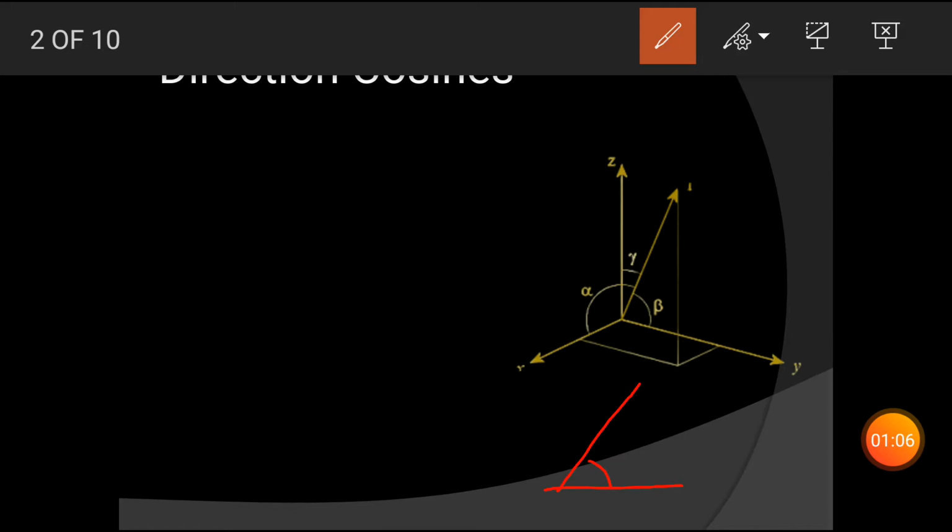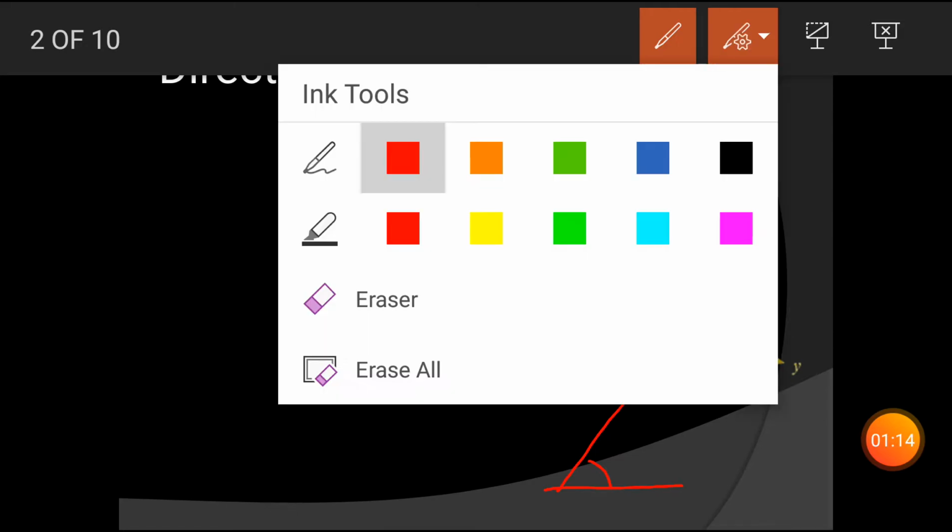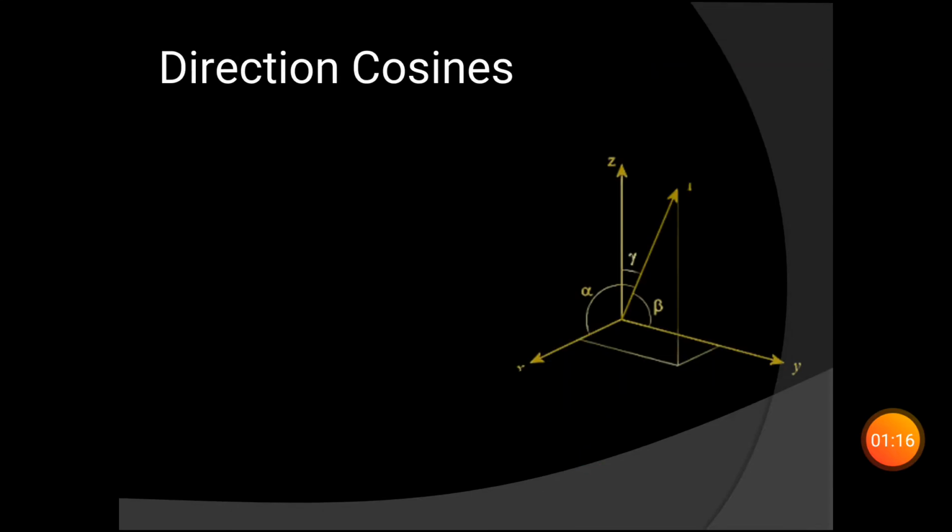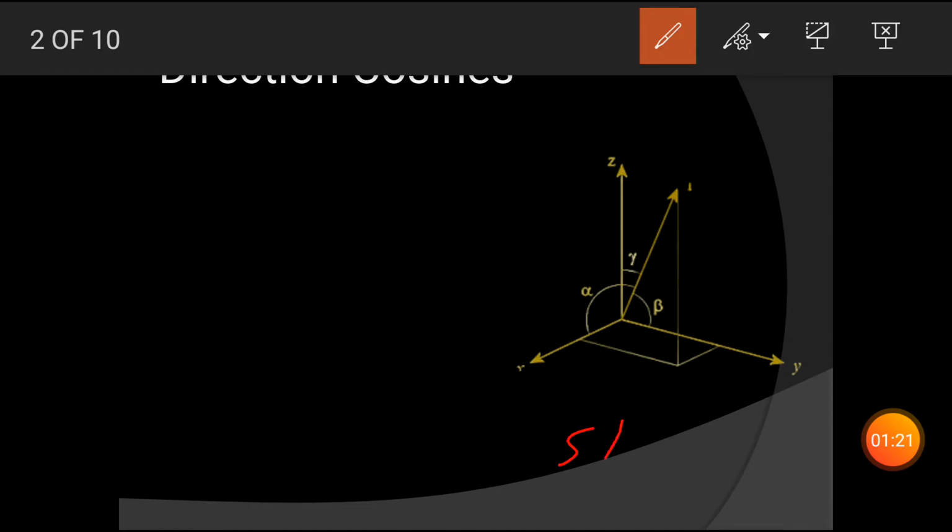So, the role that was played by the slope in 2D in straight lines, the same role is going to be played here by direction cosines. Is it clear? So, it means the role of the slope is played by DC, direction cosines, in 3D.